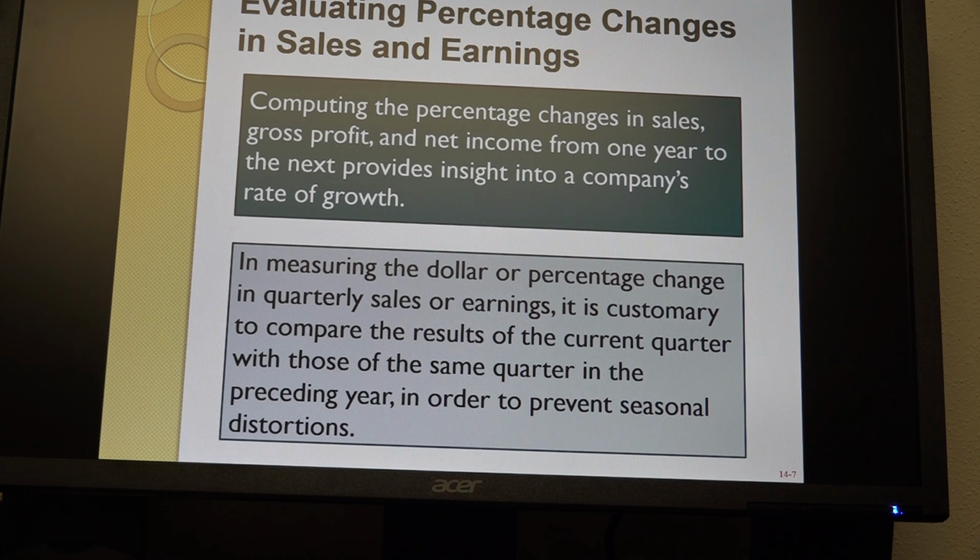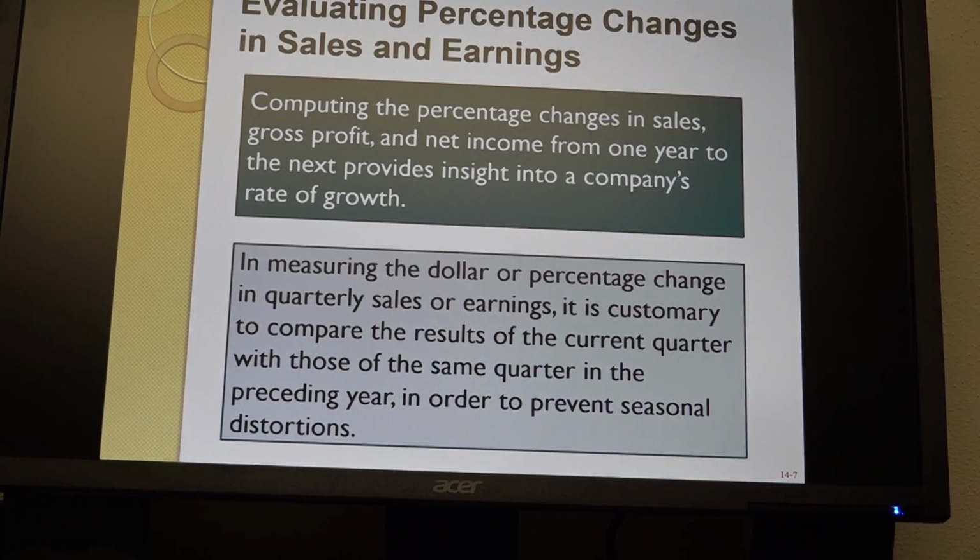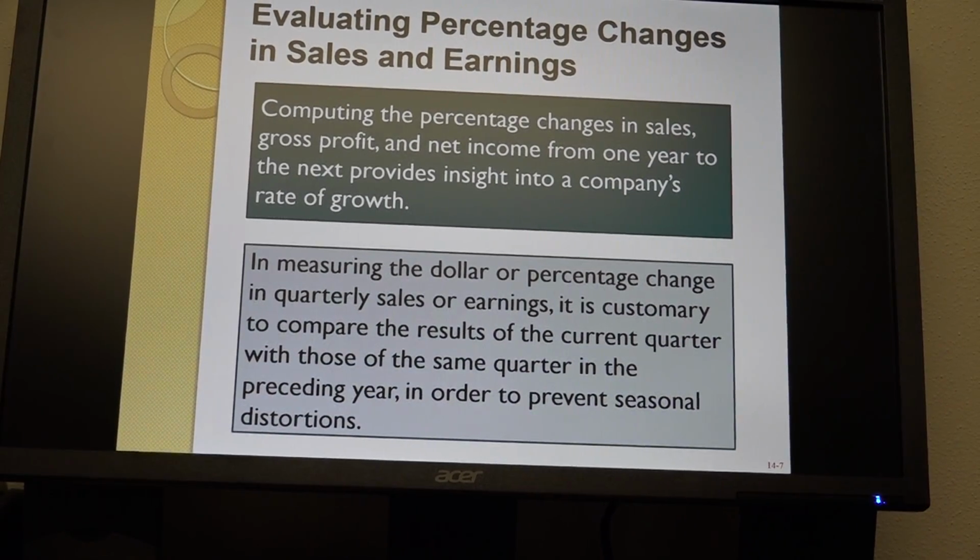And so computing these changes in sales, gross profit, and net income provide an insight into the company's rate of growth, or, as you saw in the example before, it might be the rate of non-growth in the case of net income.